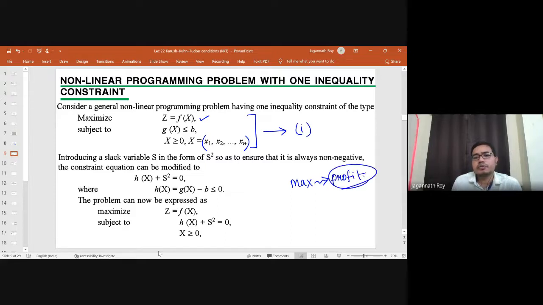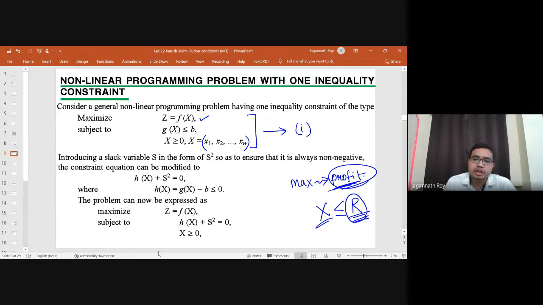Profit is counted based on some resource constraints, where the resource is fixed, and you have to find the variables x1, x2, up to xn, so that within this limit you can maximize your profit.